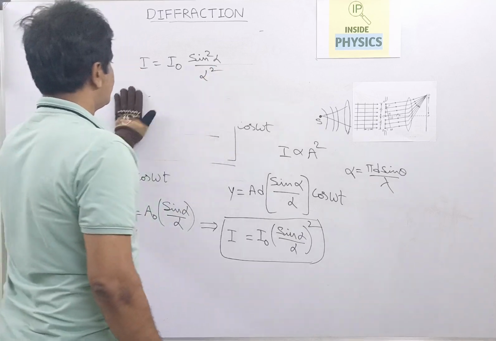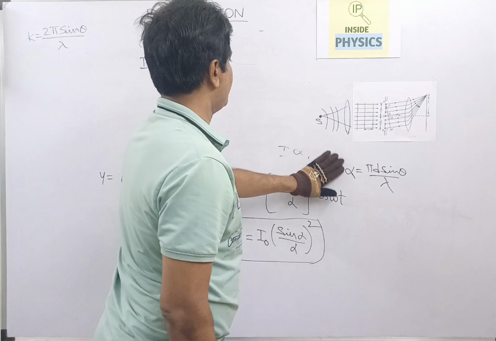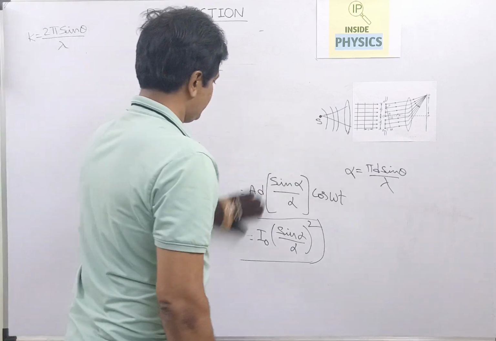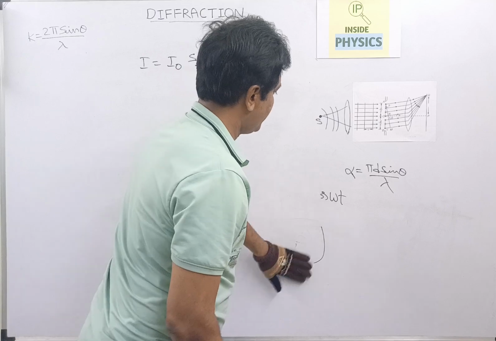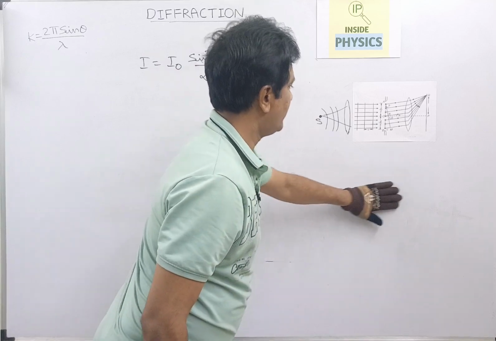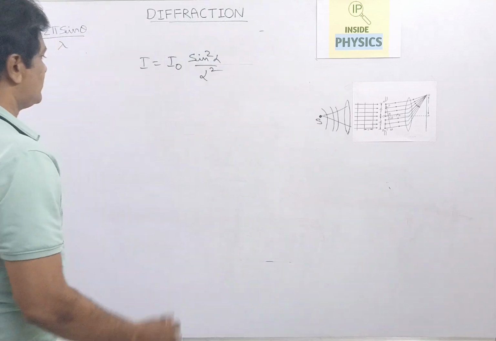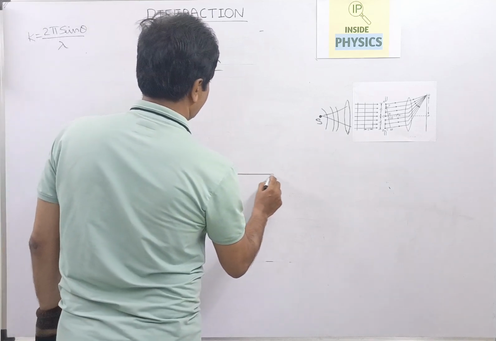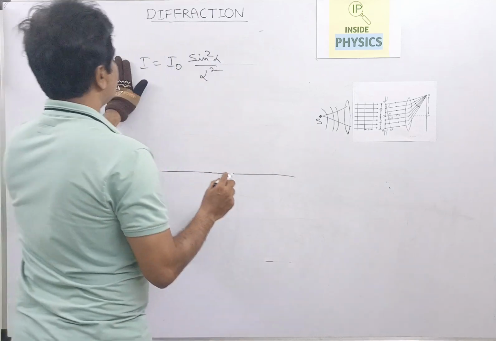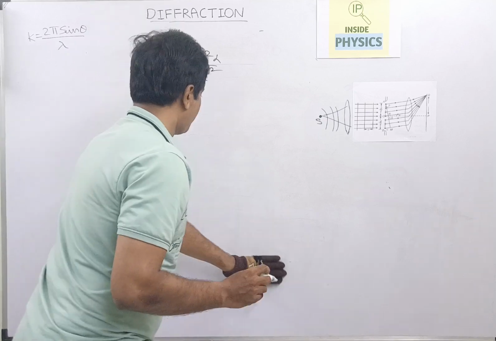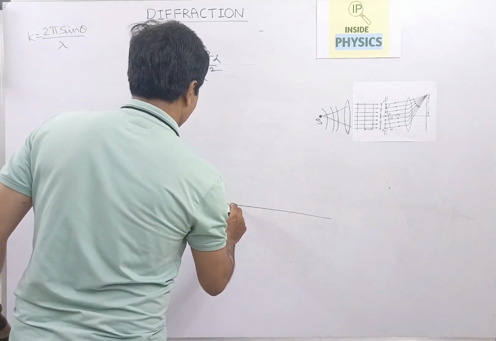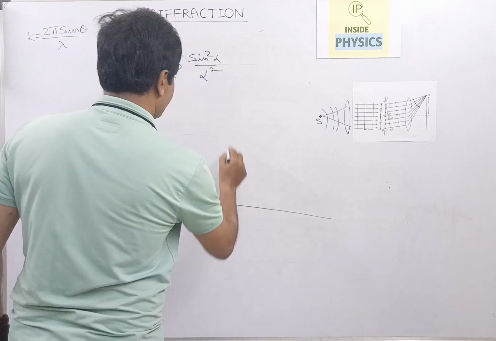Okay, we'll observe the intensity pattern by drawing a graph between diffracting angle and the intensity. You consider the center. Here there is a central maximum.